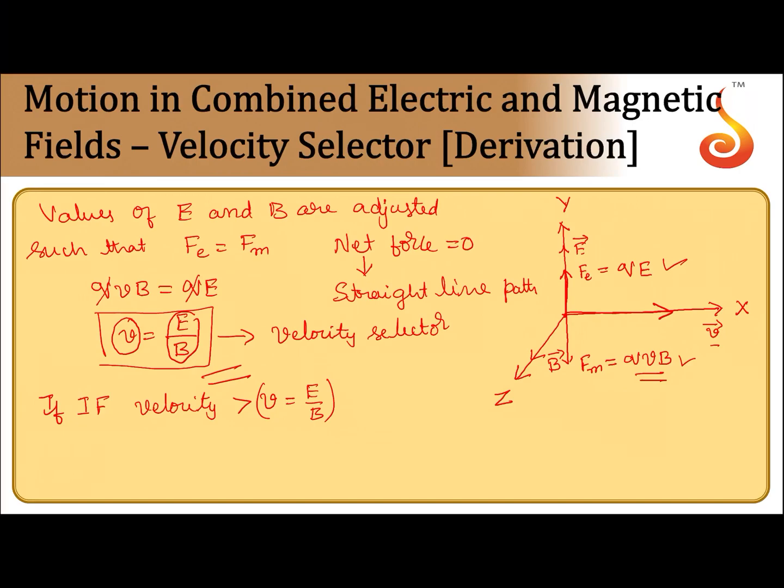So they deviate downward, so they go this way, right? If velocity is less than V, then they deviate this way. So electric force will be greater, right? Only the particles with velocity equal to V go undeviated.